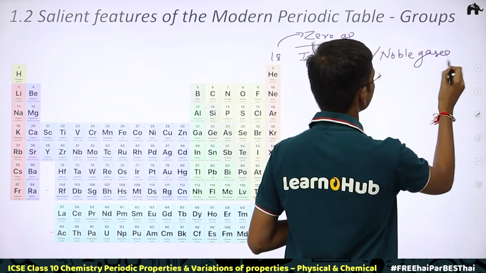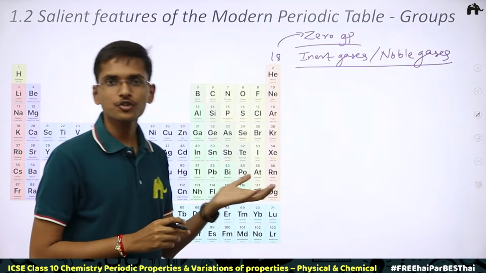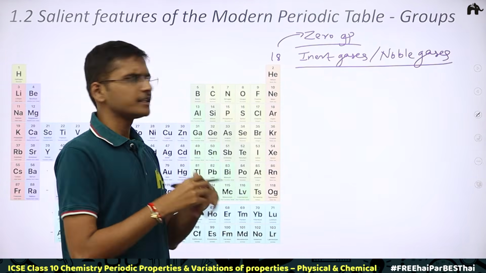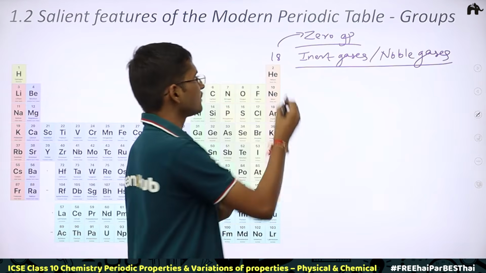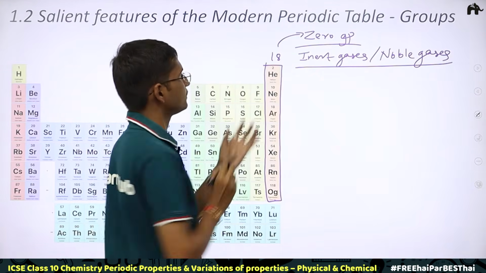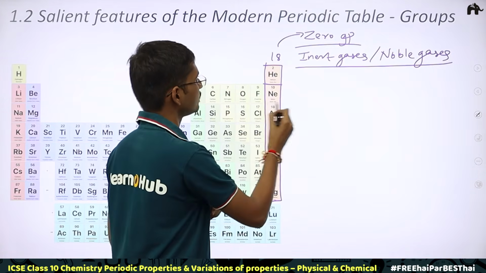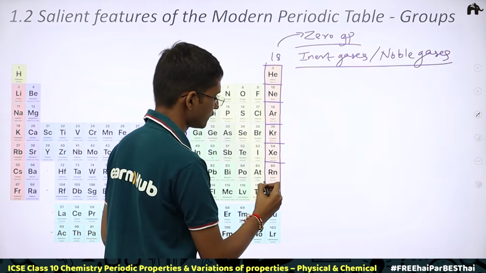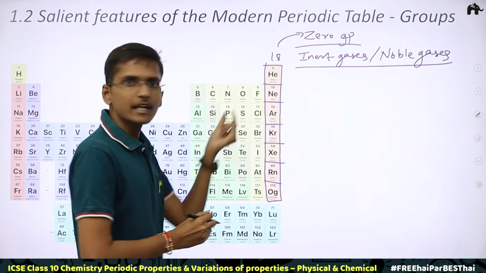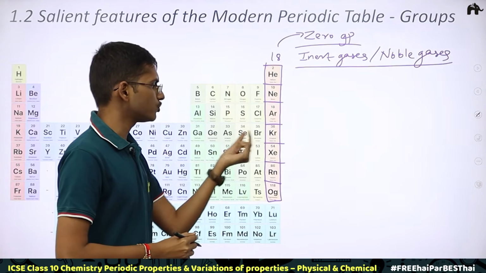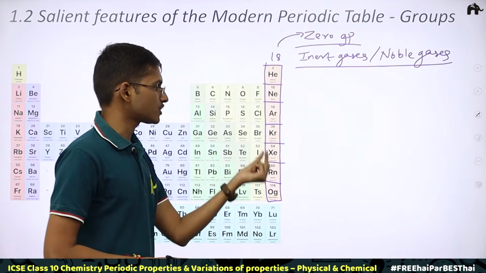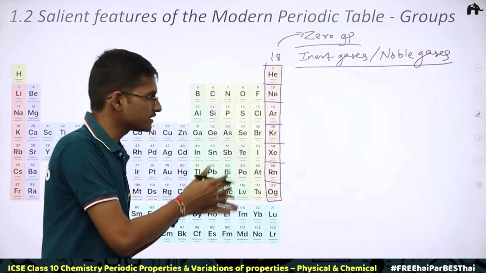Now the question is why they are named inert gases or noble gases. It's very simple. The elements of group 18 are helium, neon, argon, krypton, xenon and radon. You can remember till here, just like halogens, in one flow, like fluorine, chlorine, bromine, iodine in one flow ending with ine. So helium, neon, argon, krypton, xenon, radon, you just remember it as it is in one go.